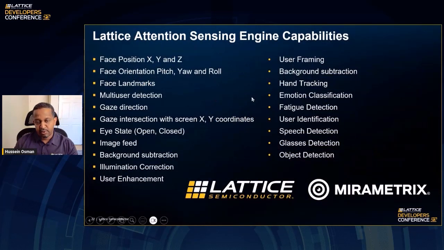This slide goes a little bit deeper into the use cases. The attention sensing includes face position, where the user is exactly in the field of view in XYZ, their head orientation, pitch, yaw, roll, facial landmarks, are they speaking or quiet, multi-user detection, how many users and where exactly they are, and where their gaze is focused.